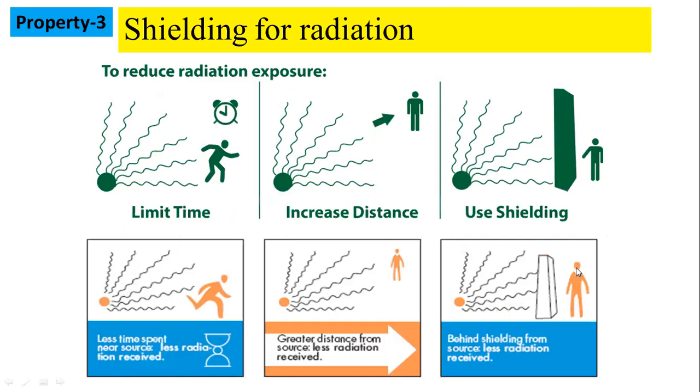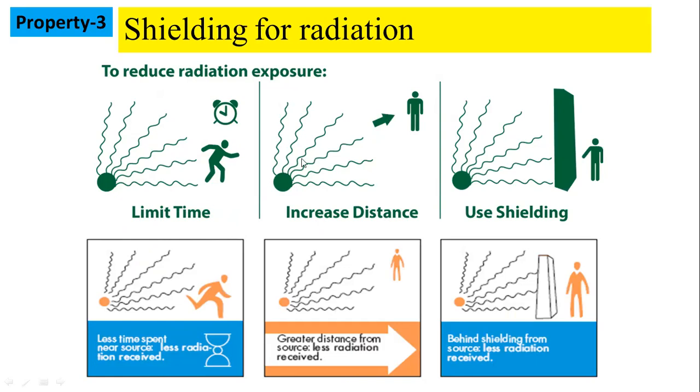The third property is the shielding of the radiation. And first is how you can reduce the radiation exposure. One natural thing is that you can limit the time. That means if you limit the time, you spend less time near the source, and less radiation is received. Another is that you can increase the distance from the radiation.